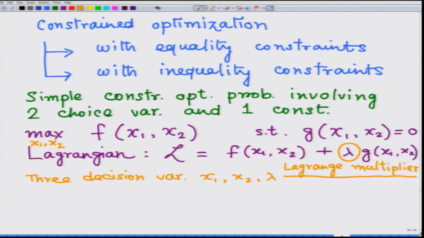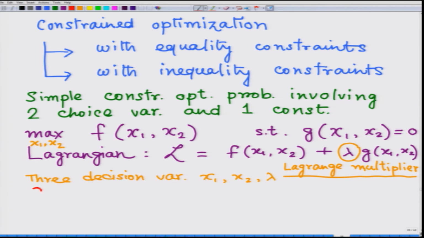So, if we need to maximize this Lagrangian function, then what to do? We will take first order derivatives of this function with respect to the decision variables, that is the way to go.